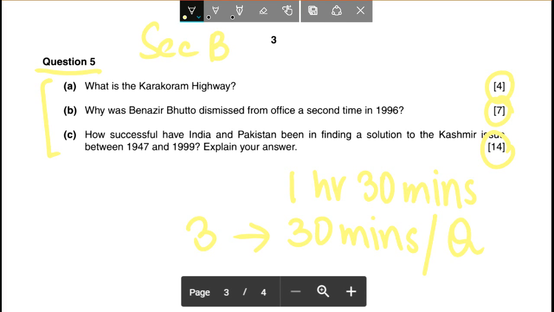But even during your selection of the questions, if you want to attempt 2, 3, 4, or 5, your time is going to be minimized. So you probably have an average of 27 minutes per question. So with level marking and adequate practice, I am sure that each one of you will be able to ace your CIEs and will be able to attempt your paper effectively.